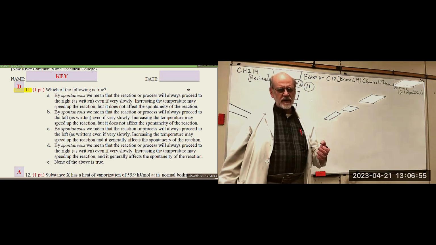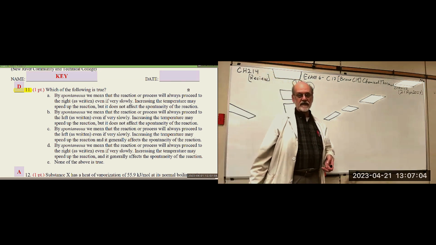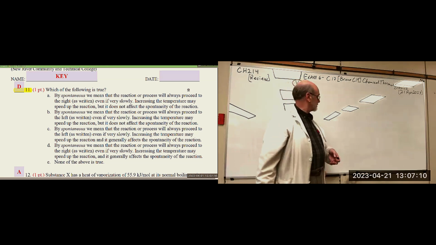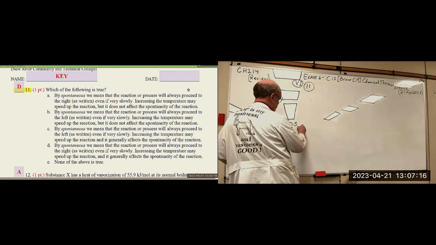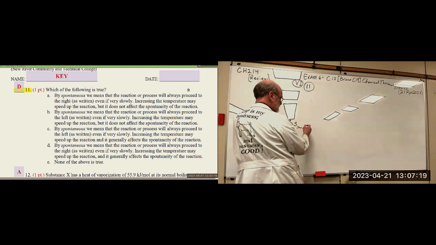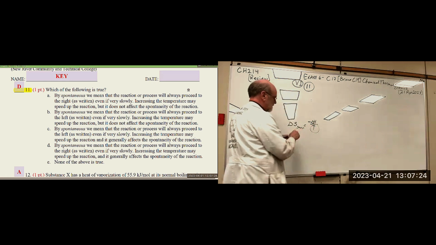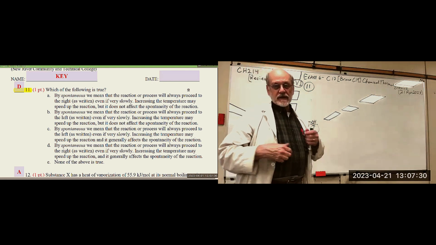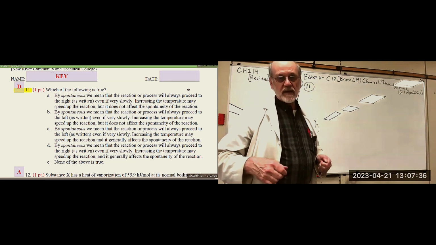Increasing the temperature may speed up the reaction, but it doesn't affect the spontaneity of the reaction. Oh, it can affect the spontaneity of the reaction. Yeah, it can, because we know that delta S for the surroundings, and we can relate this to the system, is equal to minus delta H over T, and the T has a bearing on the entropy, right? So the T can affect the spontaneity.